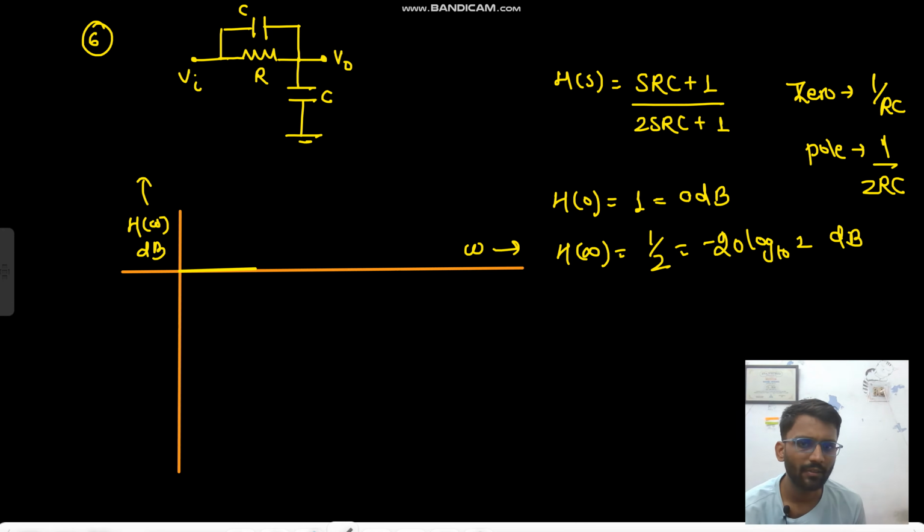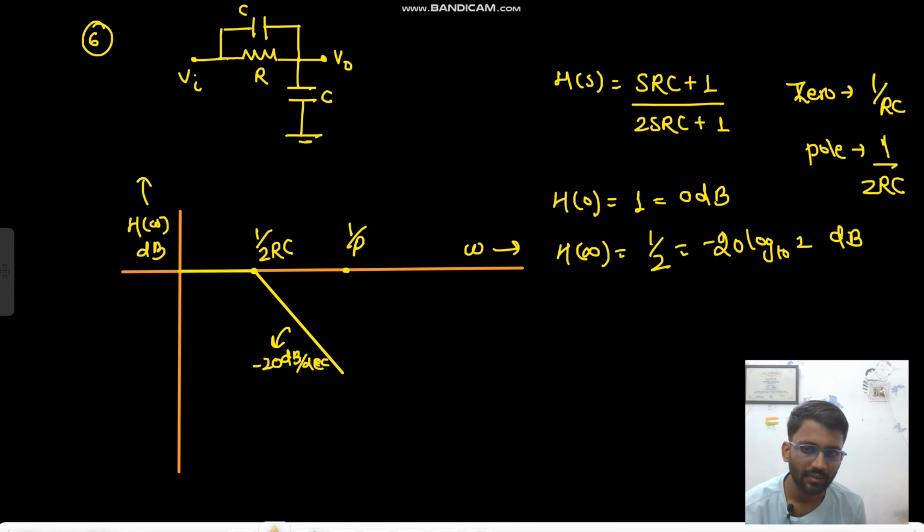Then at 1 by 2 RC we will be having a pole, right? For the pole we will have a minus 20 dB per decade slope. And at 1 by RC we will have a 0, so it will go on like this.